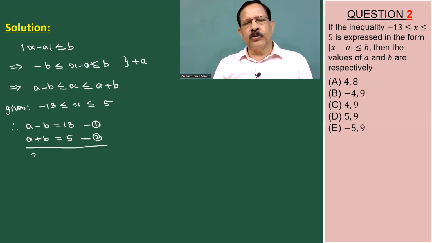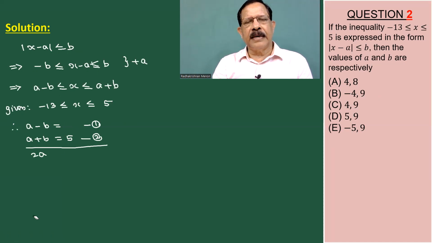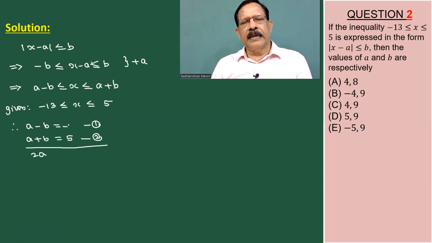So we are getting 2a is equal to minus 13 plus 5, which is minus 8.